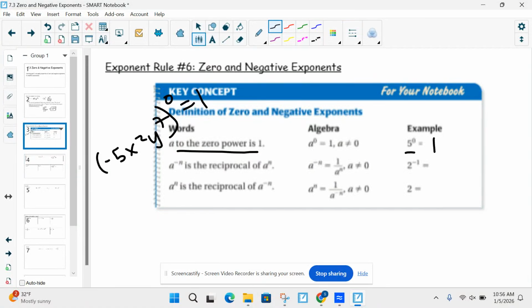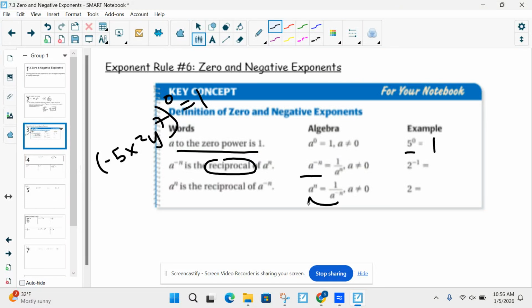So anything to the 0 power is 1. And then a negative exponent. All of our final answers with exponents should have positive exponents. If you have a negative exponent, you need to make it positive by taking the reciprocal. So a to the negative n is the reciprocal of a to the nth. So a to the negative nth, you could write it as 1 over a to the positive nth.